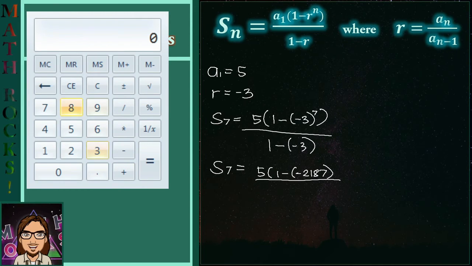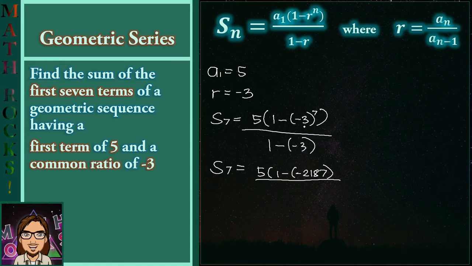So 3 raised to 4 is 81 times 3 times 3 times 3 gives us 2,187. Since our base is a negative number being raised to an odd number, the product will give us a negative sign. So the answer is supposed to be -2,187. And 1 minus -3 is 4.